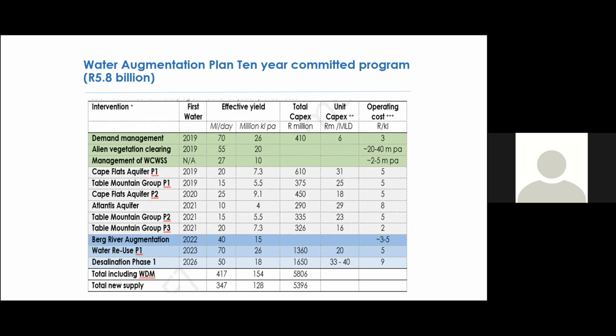And because this strategy was a commitment to our residents, we believed it was important to share this information. So these are the different augmentations that we will be investing in. They are in different stages of implementation, and some augmentation schemes have already started providing a yield into our overall water supply. The strategy and the augmentation schemes have been stress tested to make provision for climate change impacts.